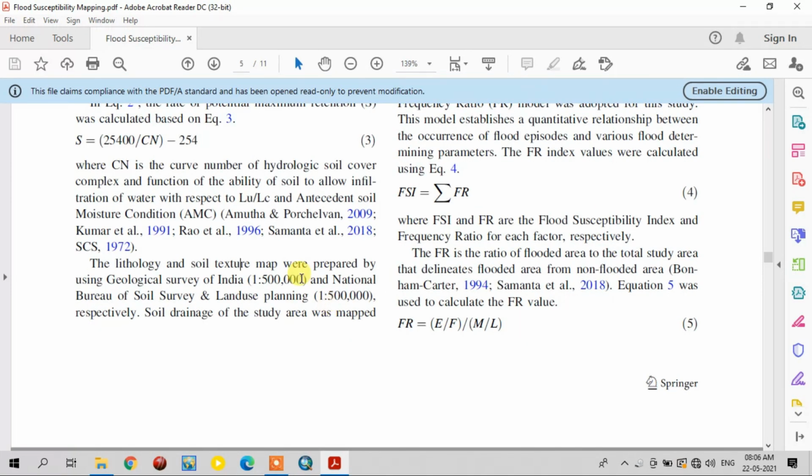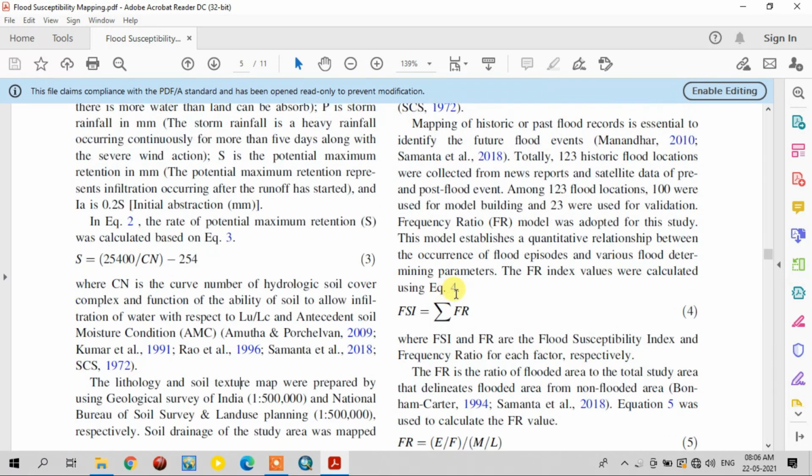And the soil drainage maps are prepared using soil texture. Based on the soil texture, the soil drainage is mapped.